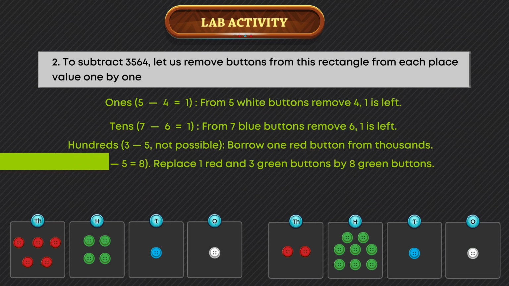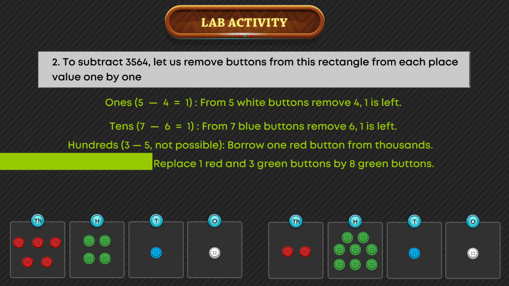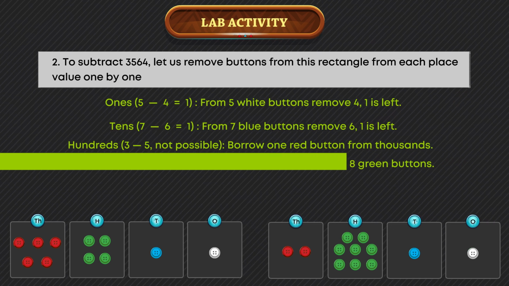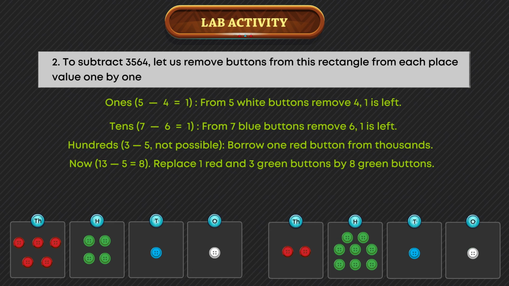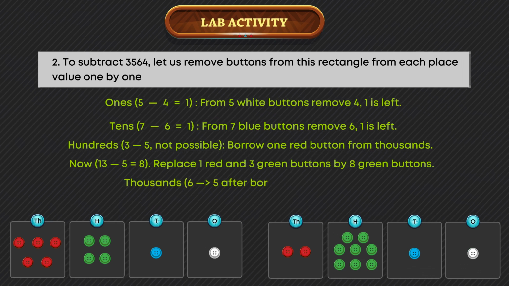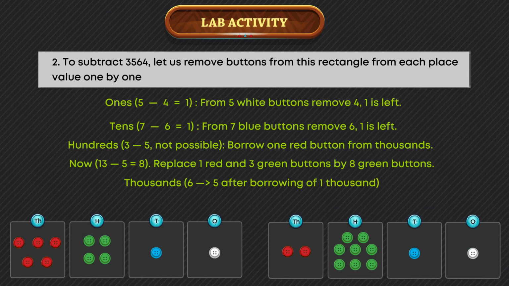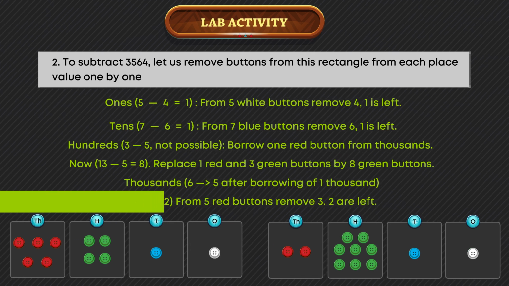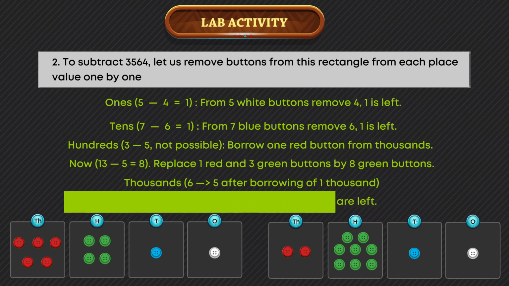Now, 13 minus 5 is equal to 8. Replace 1 red and 3 green buttons by 13 green buttons and remove 5, leaving 8. Thousands, 6 is 5 after borrowing of 1000. 5 minus 3 is equal to 2. From 5 red buttons remove 3. 2 are left.